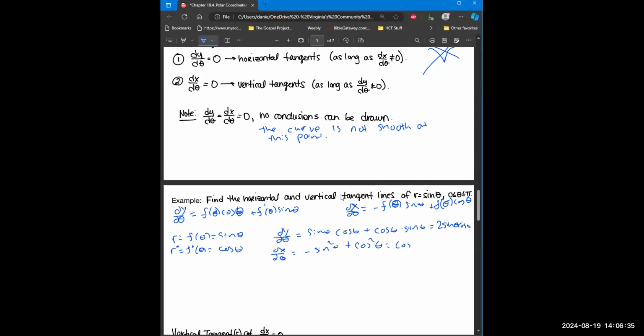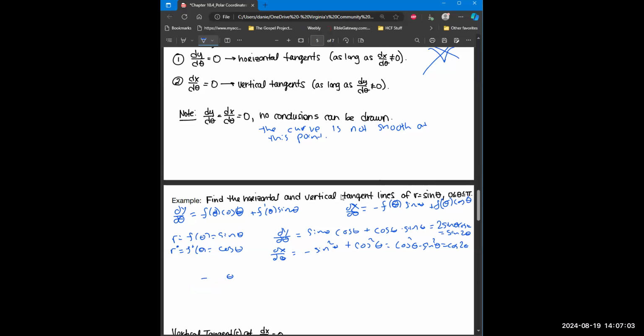This is cosine squared minus sine squared, which is cosine 2 theta, and this is sine 2 theta right here. So dy dx, if I'm interested in that, is going to be tan 2 theta in just a second.